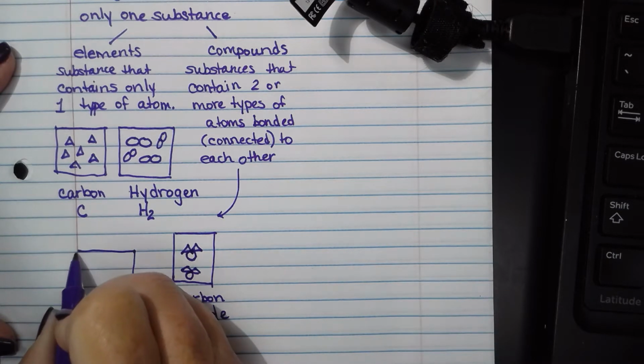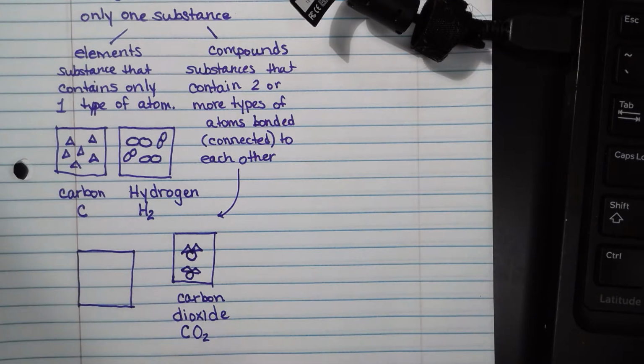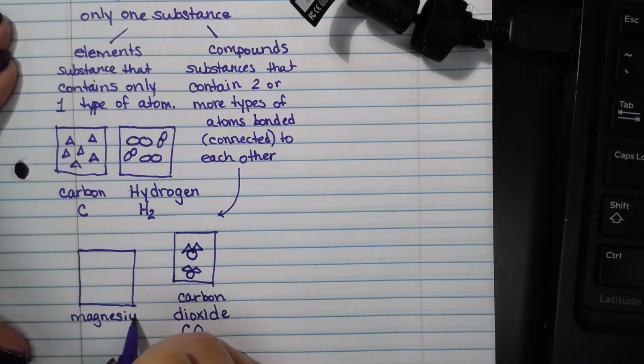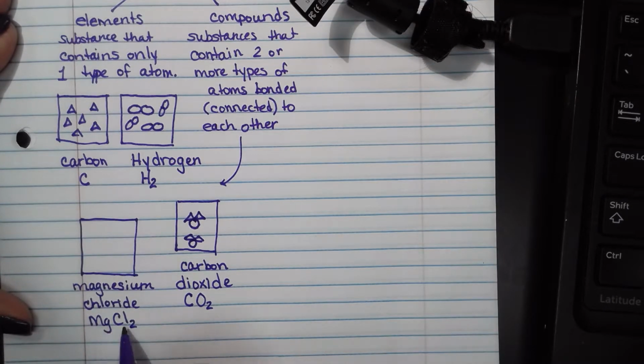Let's do one more example. Let's say we have magnesium chloride. The formula for magnesium chloride would be MgCl2. So we have one magnesium, two chlorine atoms in this structure.